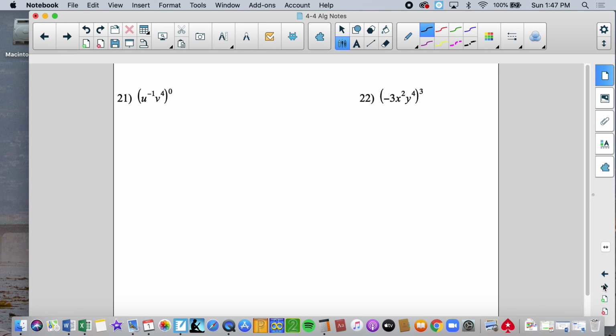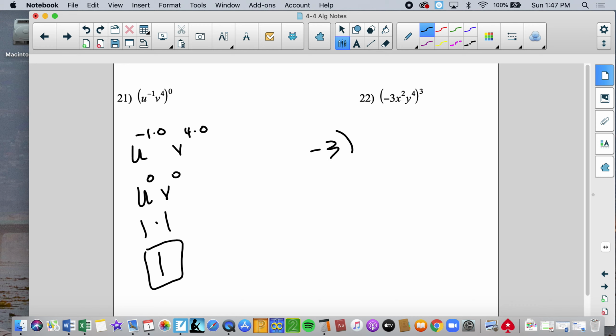Oh my goodness, now we got more to the zeros with negatives. U to the negative 1 times 0, V to the 4 times 0. That becomes U to the 0, V to the 0. That becomes 1 times 1, or 1.